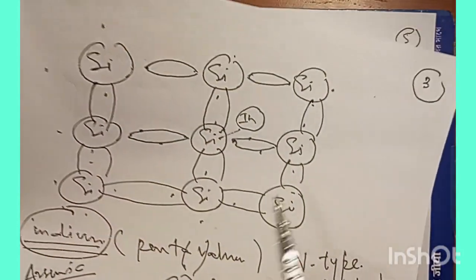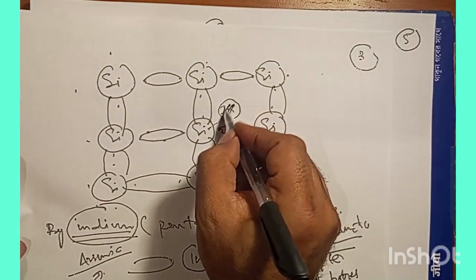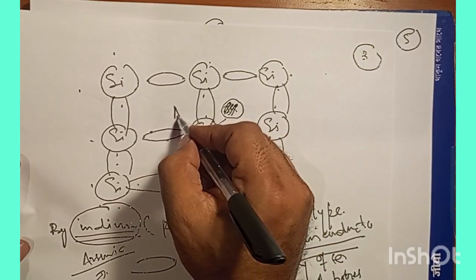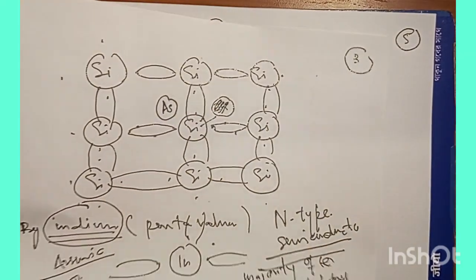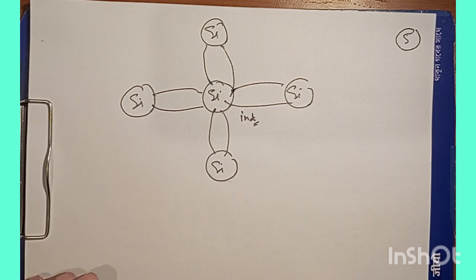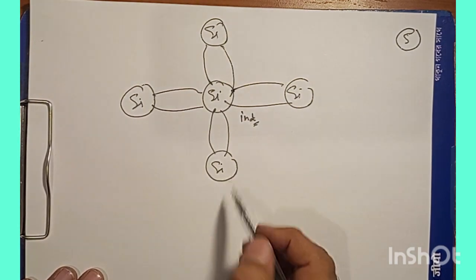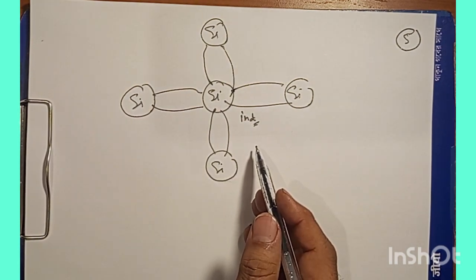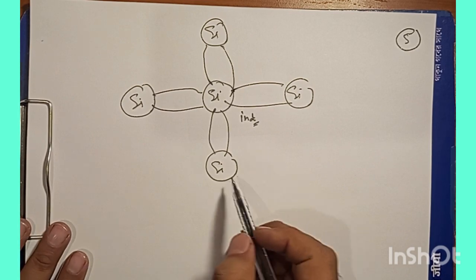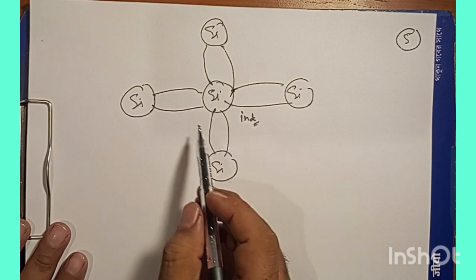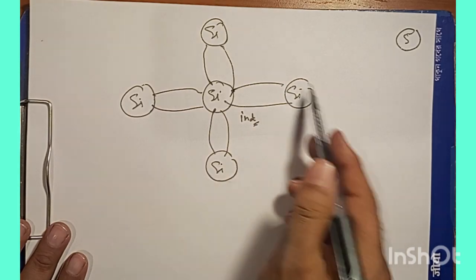Here we are not using indium. We are using, for example, arsenic, which is pentavalent in nature. In the p-type case we are using indium. Once we use indium, you are going to develop a hole in this network, right?